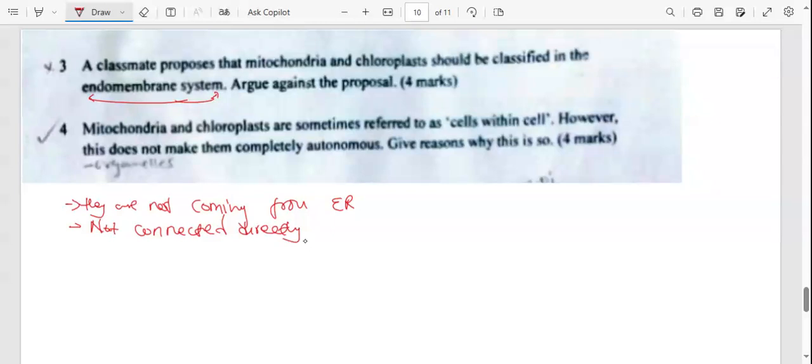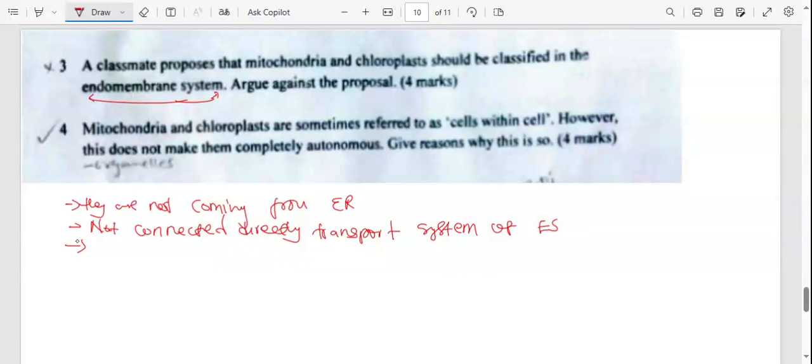So not connected directly to transport vesicles. Like, if it was a tree, then xylem and phloem are not connecting these. Let's say they are just different leaves on a certain plant. So not connected directly to the transport system of the same endomembrane system.